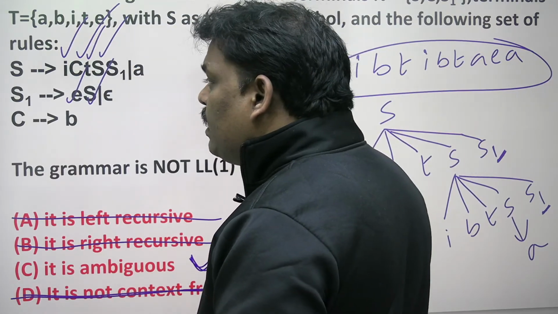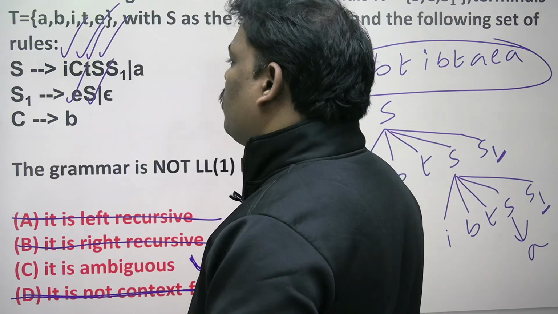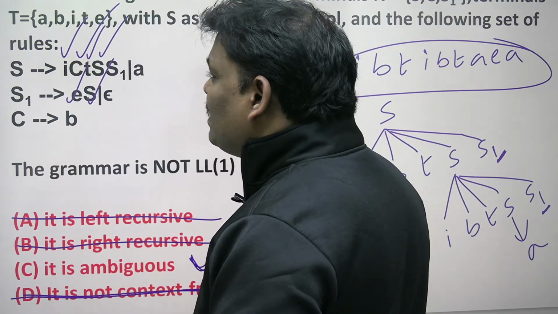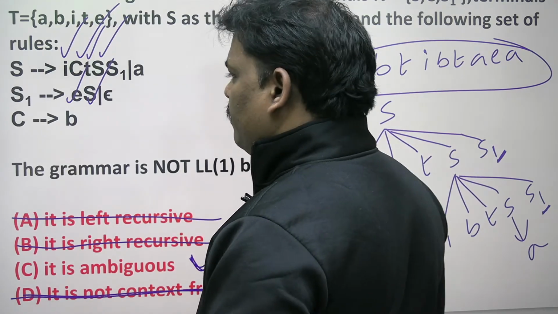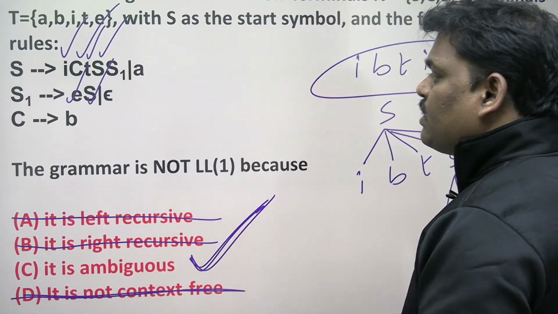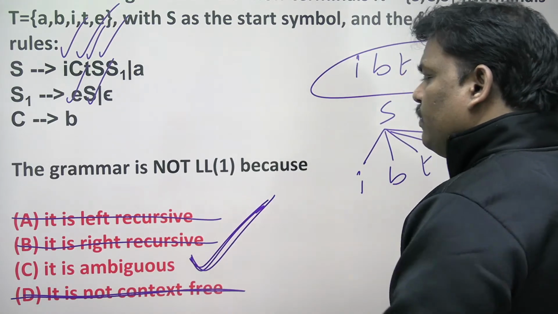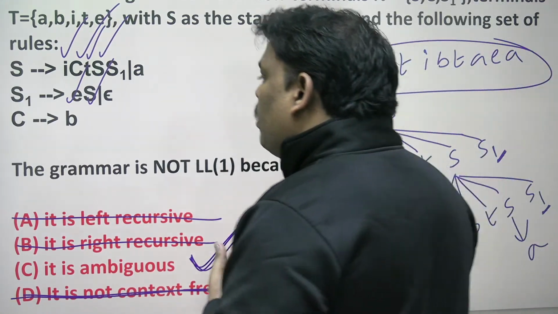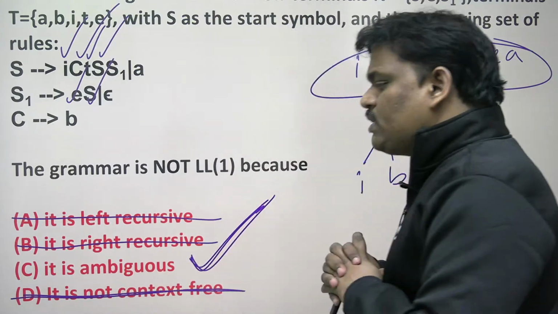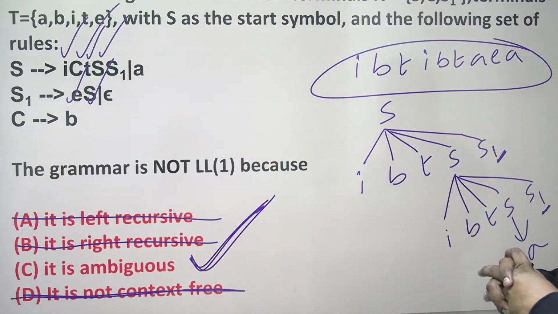It is the famous problem. Dangling if-else grammar is an ambiguous grammar. Please remember. IBT AEA.